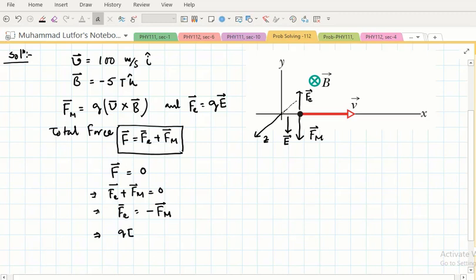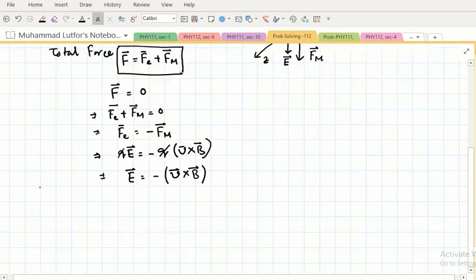The electrostatic force is Q into E, where Q is the charge of the electron, and the magnetic force is Q into v cross B. Now we can cancel out Q. In that case E would be minus v cross B, where v is the velocity of the electron and B is the magnetic field at the location of the electron.